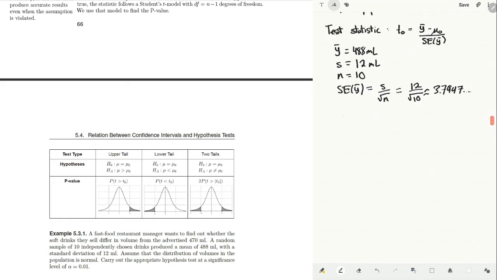And now we can calculate our test statistic. So we have 488 minus 470 divided by 3.7947, which is 4.743, rounding to 3 decimal places. And now we can calculate the p-value.